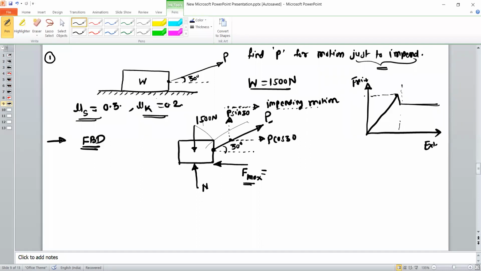So this value is nothing but F max, the limiting frictional value. It is at the condition when the object is on the verge of motion, or motion will just impend. So F max we can write as mu s into normal reaction. From this free body diagram, we can use the conditions of equilibrium to find the P value.